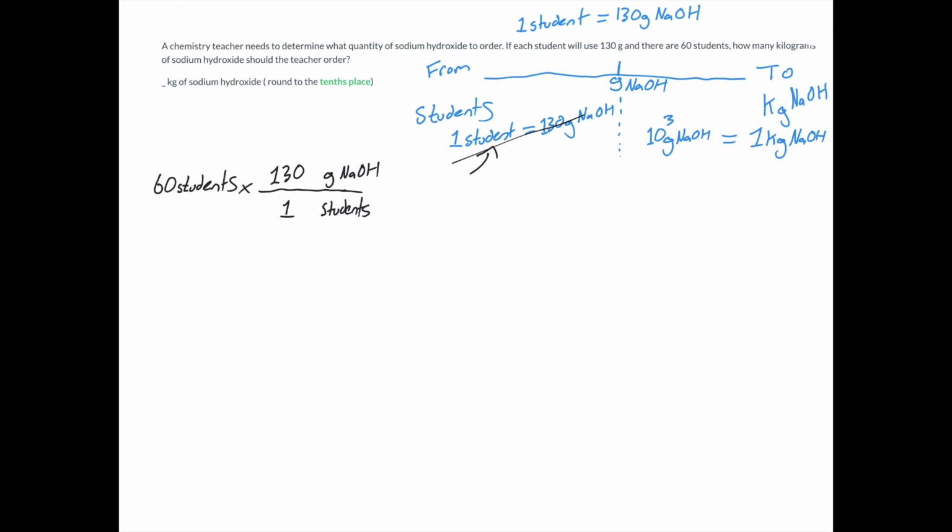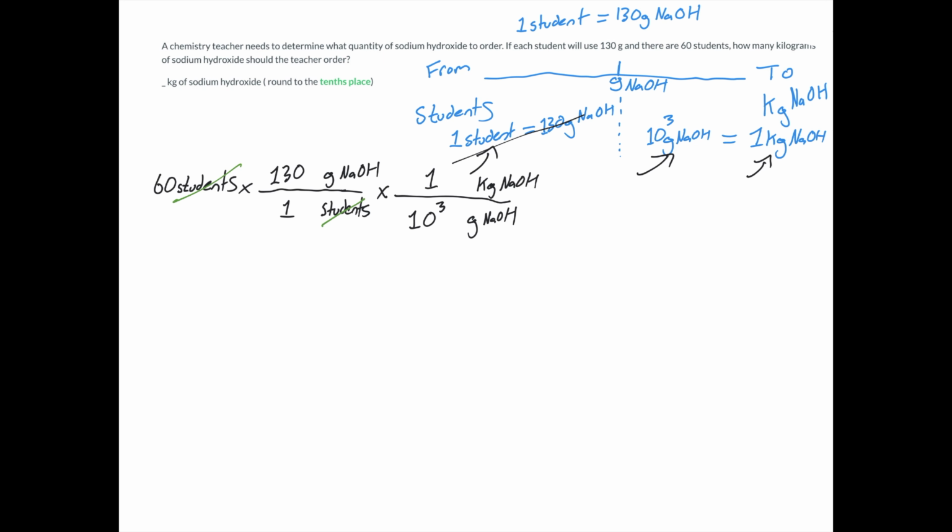Cross that one out. Next conversion factor must have grams of NaOH on the bottom so that it cancels out. That's this one, and that means 1 kilogram goes on top of NaOH. So it's 10 to the third on the bottom and 1 on top. Let's make sure everything cancels out properly.